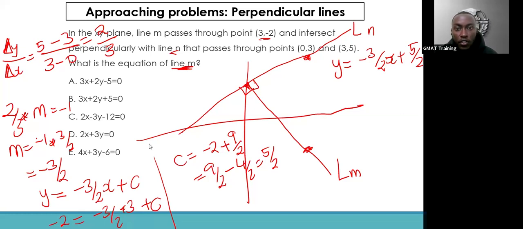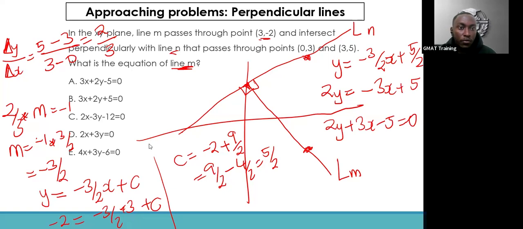Multiplying all values by 2 gives 2y equals negative 3x plus 5. Putting every term on one side gives 2y plus 3x minus 5 equals 0, which is the same as answer A.